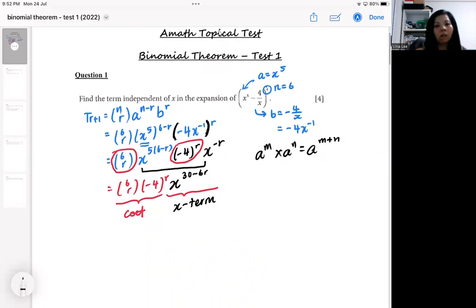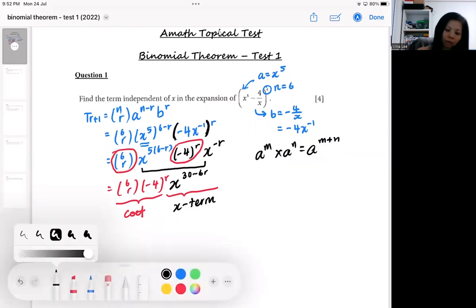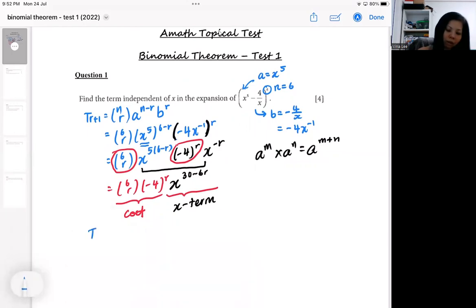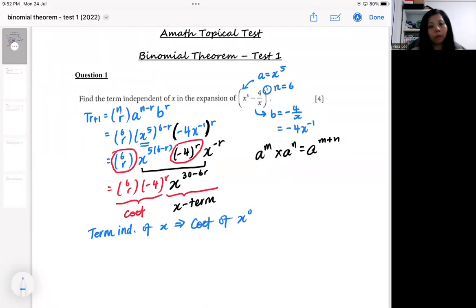So in this question, they wanted the term independent of x. So term independent of x is known as the coefficient of x0. Why the coefficient of x0? Because x0, according to indices, anything to the power 0 is 1.